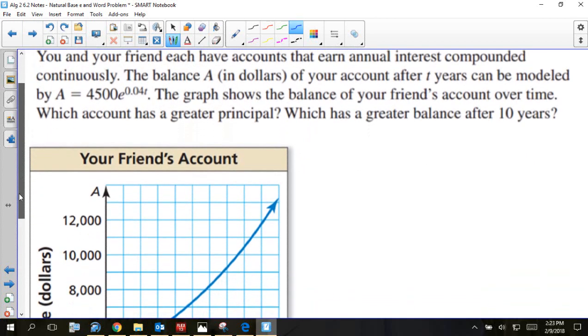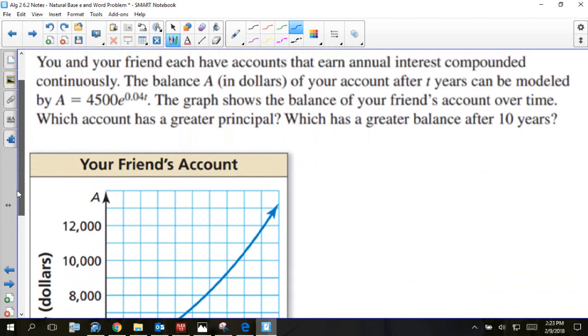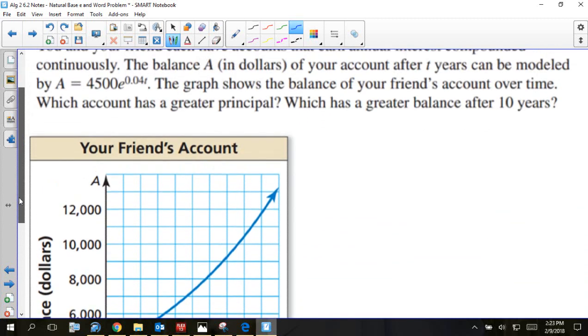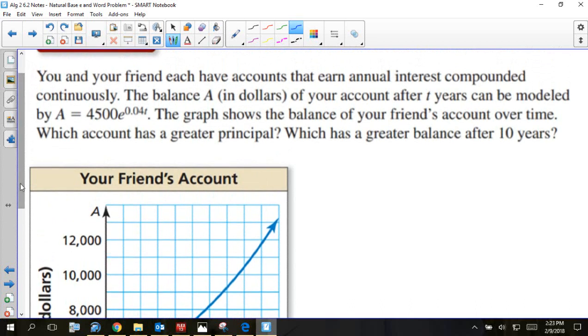So here is an example that shows your friend's bank account, and you also have a bank account, but you don't have a graph, you instead have an equation. We're going to compare your bank account equation with your friend's graph.